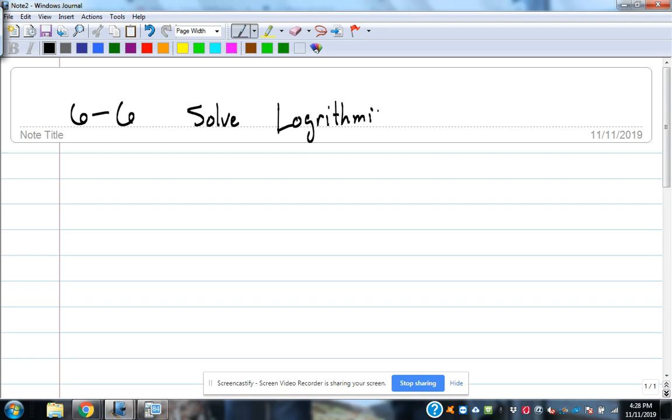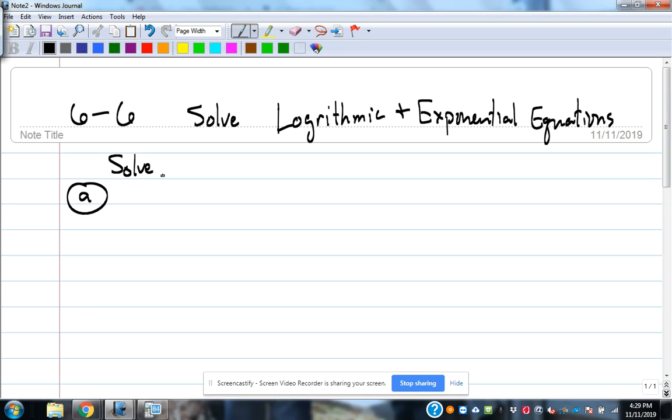Starting over on my letters here. Example A, we're just going to jump in and solve. That's what our job is.